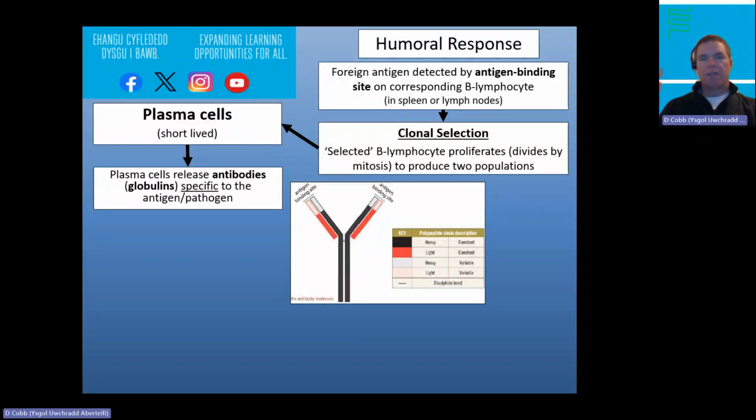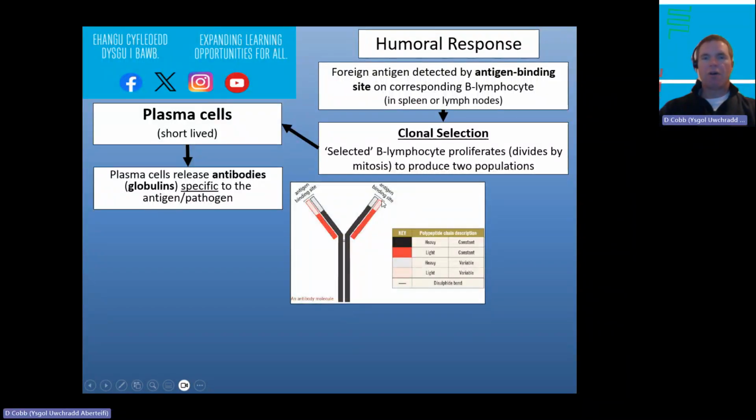Now, if you look there at my diagram of an antibody, you see there are 4 polypeptide chains. You've got 2 red ones, I mean, they're not red, but just trying to show the difference here, and 2 black ones. And they're all joined together by disulfide bonds and perhaps other bonds too. The red ones are smaller, and so they're referred to as the light chains, and the black ones are longer, and they're referred to as the heavy chains.